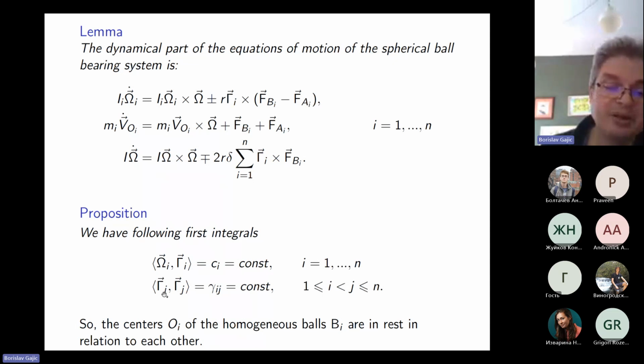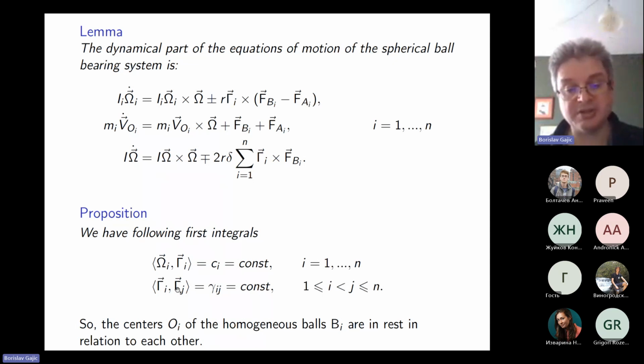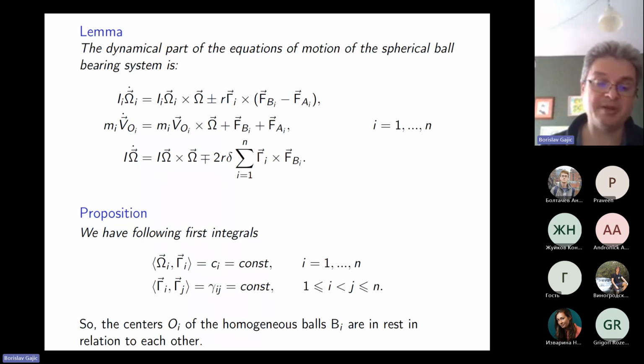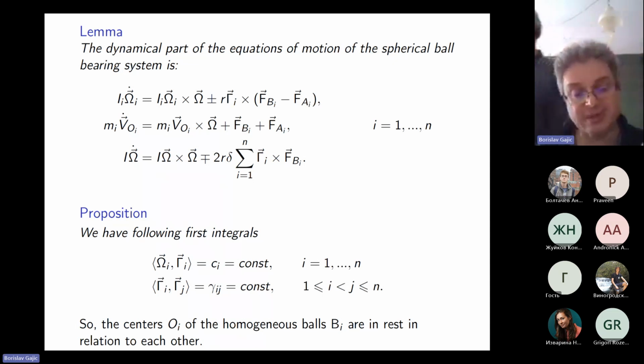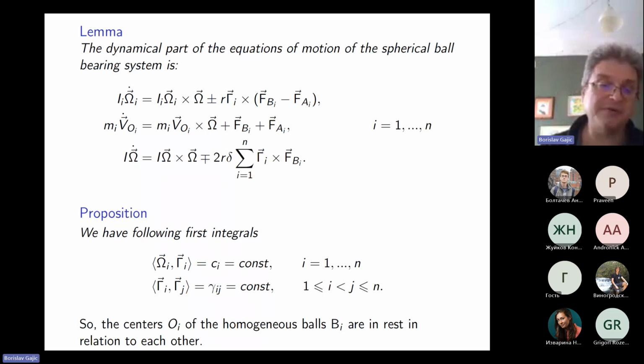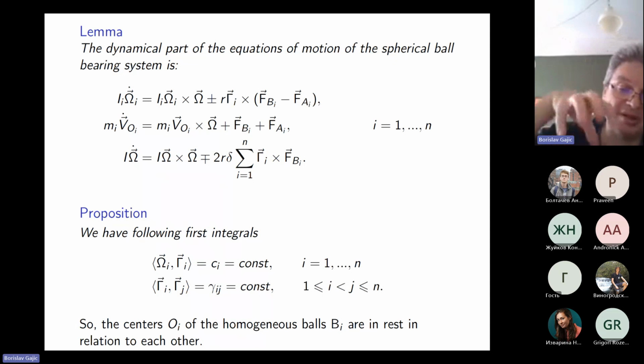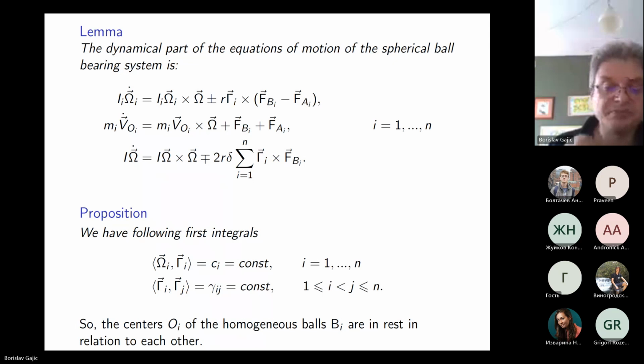And the second integral means that the rolling balls, these small balls, do not change position between themselves. So if they form, for example, some tetrahedron, if we have 4 balls forming a tetrahedron, they will always form a tetrahedron congruent to the original configuration. So like a tetrahedron of balls moving around the fixed sphere.